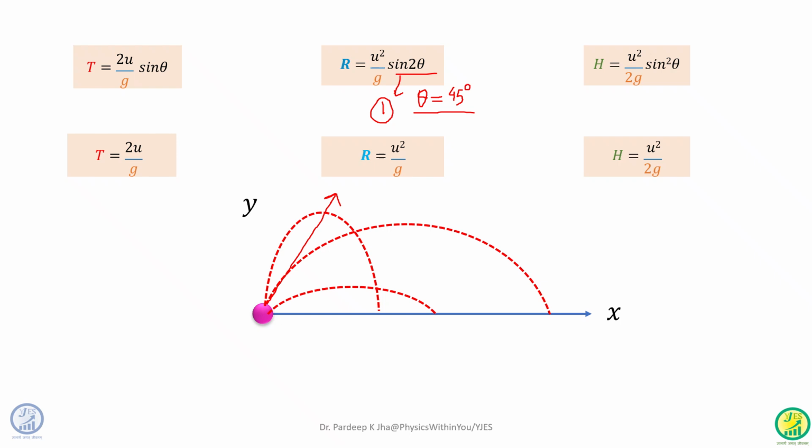Let's say it this way, like this, 45 degrees. And if you throw it at some other angle, smaller or larger, like this one or like this one, the range will be shorter. So you have to think about why this is happening.